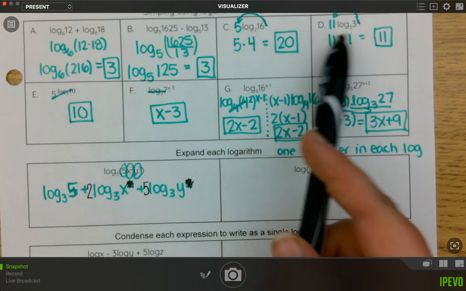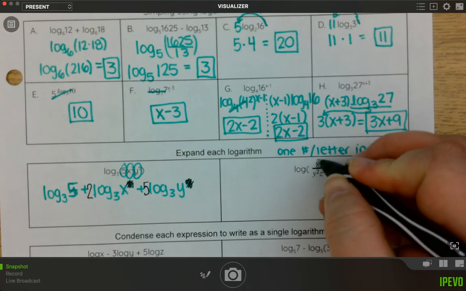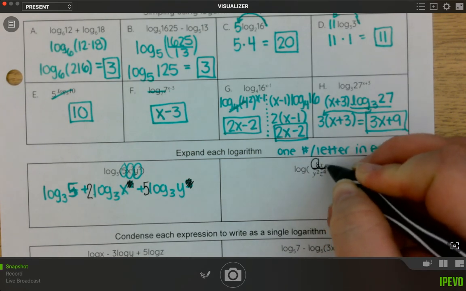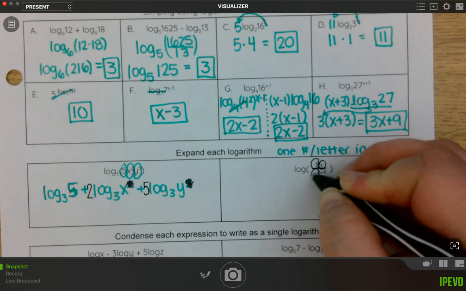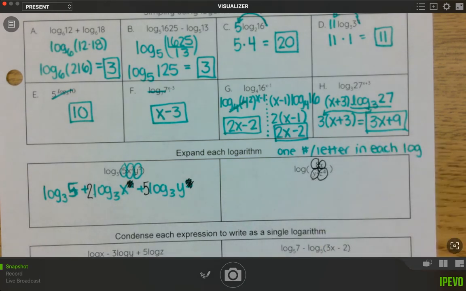Okay, and then we have this one over here, which has got a fraction. Now, here's the tricky part about this one. First of all, it's a fraction. Second of all, you have to separate the 8, the x, the y squared, and the z to the 4th. So go ahead and circle all 4 of those for me.